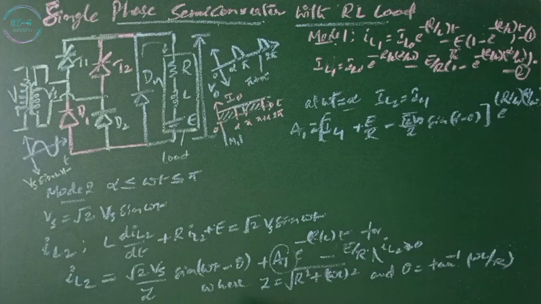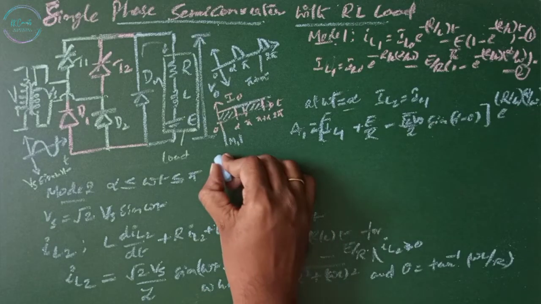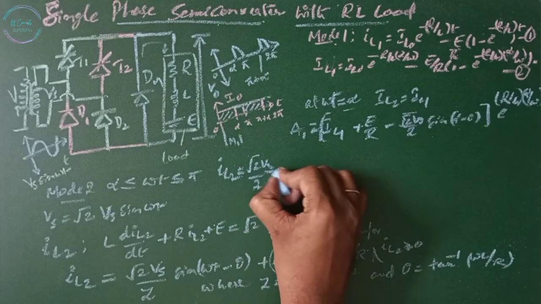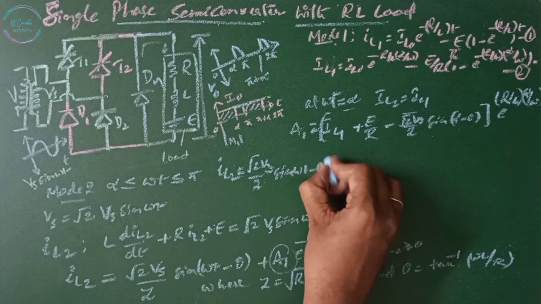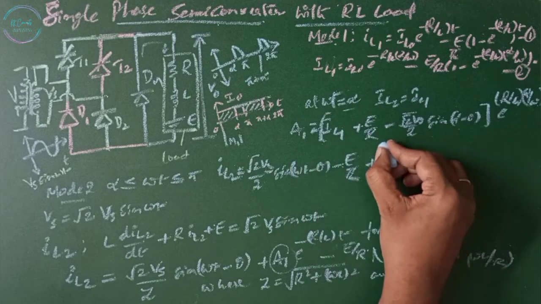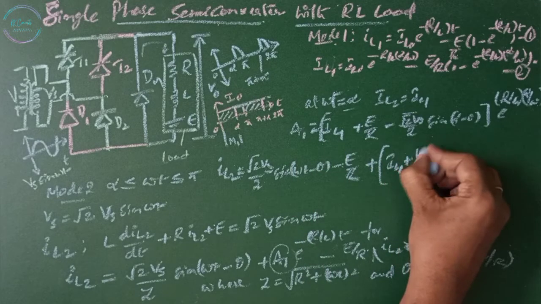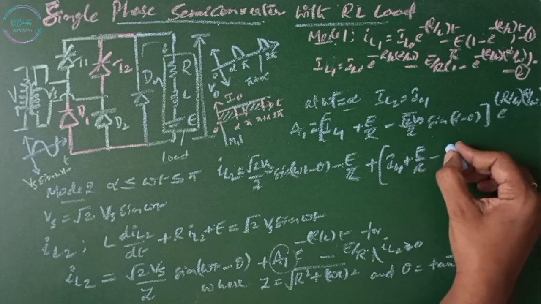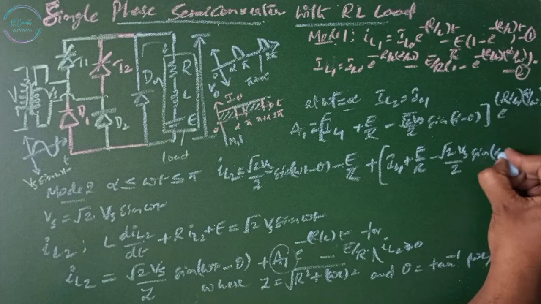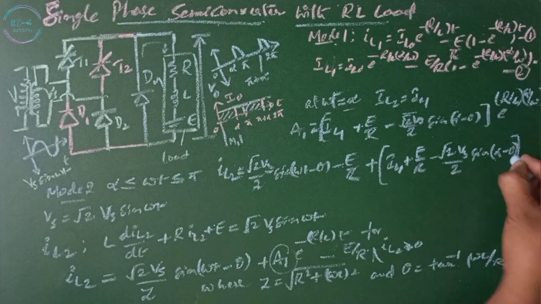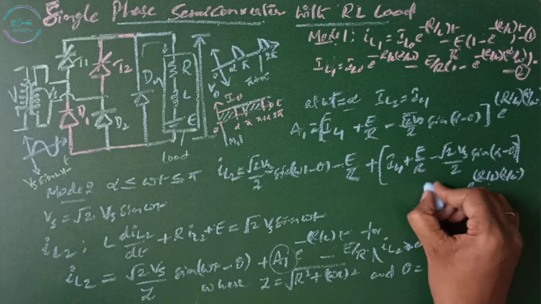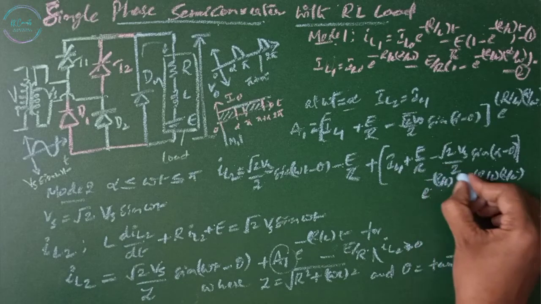Now substitute this A1 value in the equation, and you get IL2 equals root 2 Vs divided by Z sine omega t minus theta, minus E by R, plus IL1 plus E by R minus root 2 Vs by Z sine alpha minus theta, times e to the power of R by L alpha by omega, times e to the power of minus R by L into t.